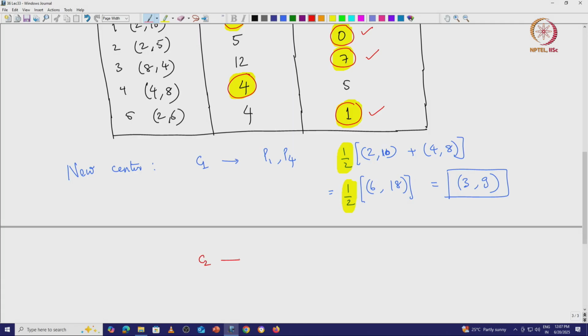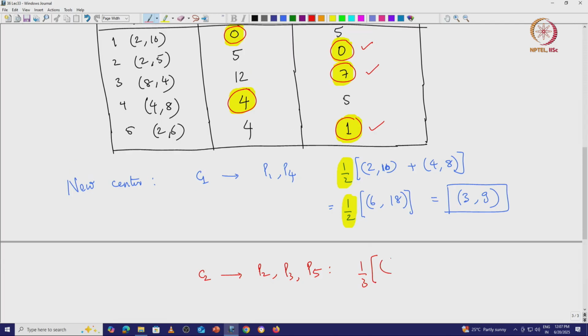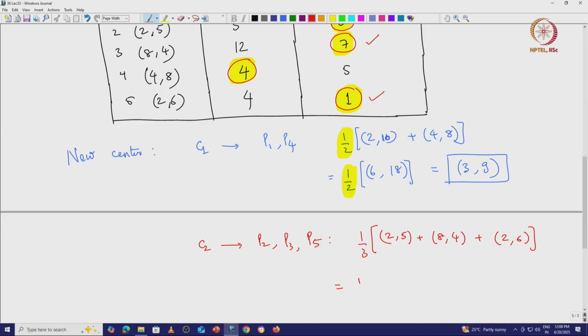So for cluster 2 we have P2, P3 and P5. So your centroid is going to be given by 1/3 of those points. So that is 2 comma 5 plus 8 comma 4 plus 2 comma 6. Alright, so this becomes 1/3 of, you have to add them element wise.